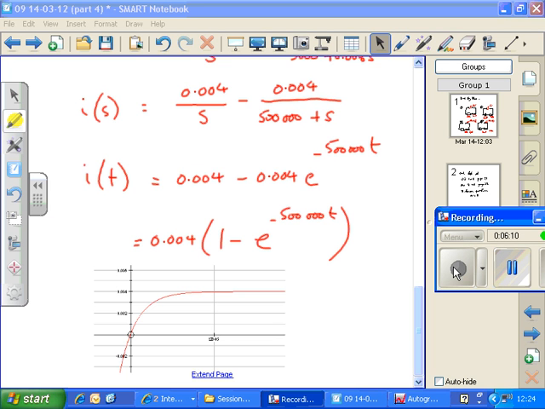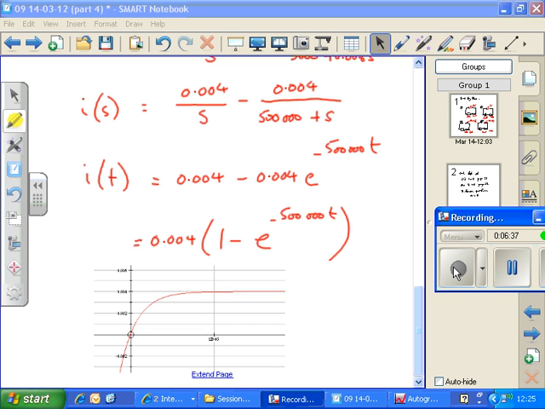If I look at this solution in Autograph, we see that it's an exponential growth to a limit, which hopefully you expected to see. But the limit is 0.004 amps in this case, so it arrives at a steady current of 0.004 amps, which you might have been able to predict. And also, the factor of 500,000 on t means that the transient period is very small.